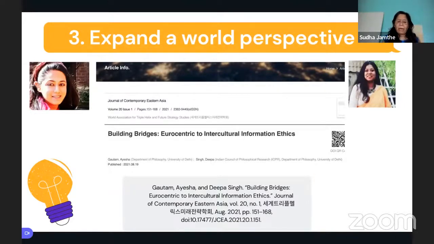So we are going to have Dr. Aisha Gautam and Deepa Singh, who you see on the screen, doing a research readout on this specific paper. But coming back to our topic on Research 101, we could drive a conversation, or we could expand to a world perspective on something that's already being discussed in our worlds, but bring it to a larger audience.